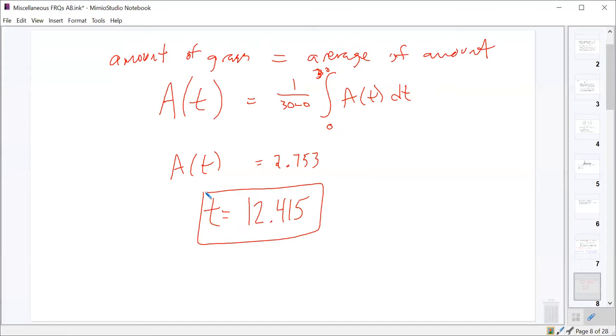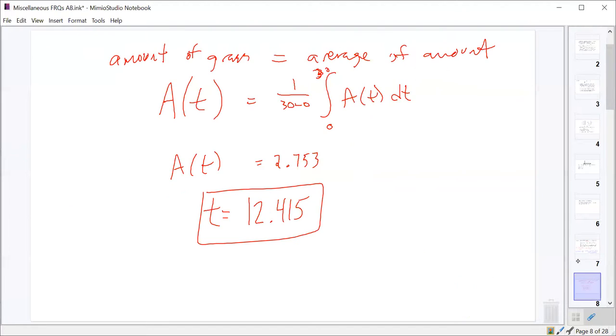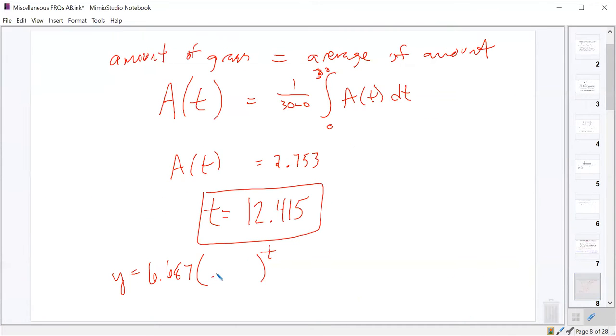All right. I would go into my graphs and I would graph A of t, so I would graph 6.687 times 0.931 to the t. And I would also graph y equals 2.753, and I would just look for the point of intersection of those two functions.